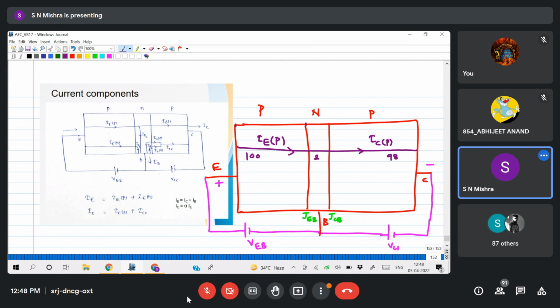Because some recombination will be there, since the base is n-type material where electrons are the majority carriers. We can decrease that, but we cannot nullify it. So if I am sending 100 holes, 2 holes recombine in the base region and 98 holes reach the collector side. Is this concept clear?